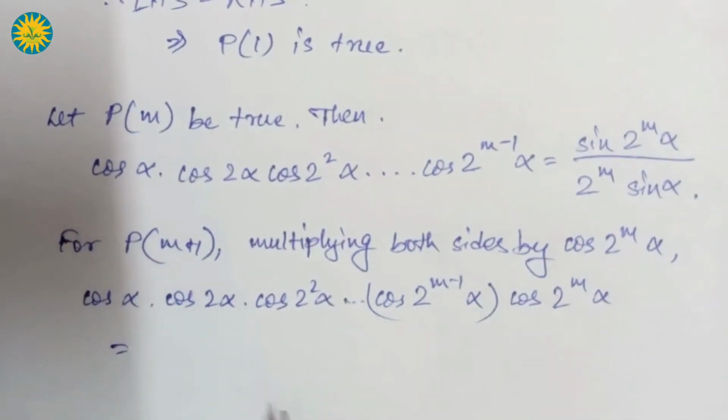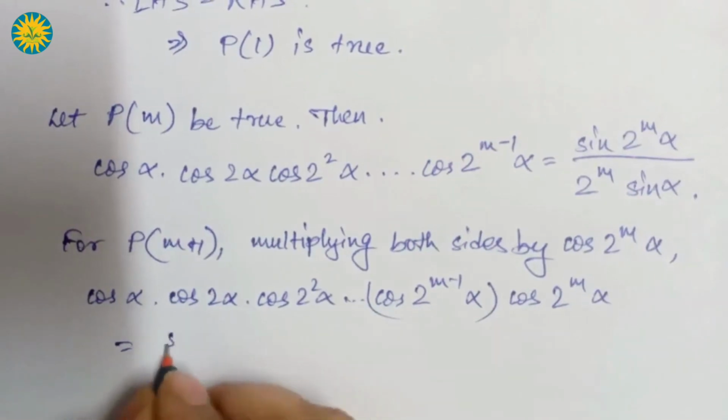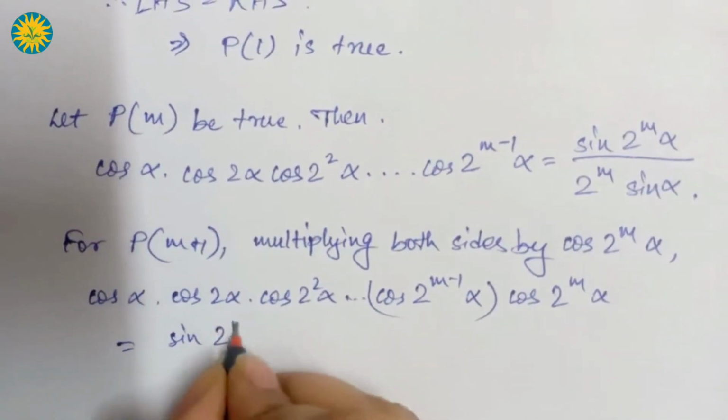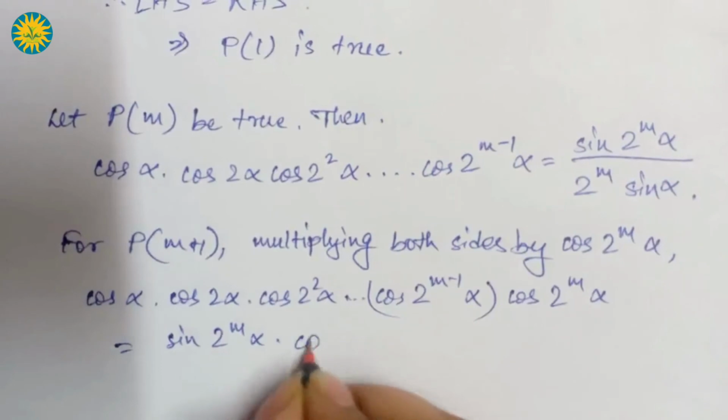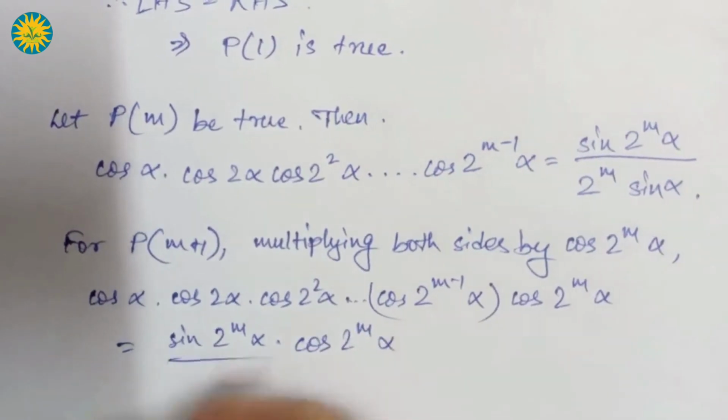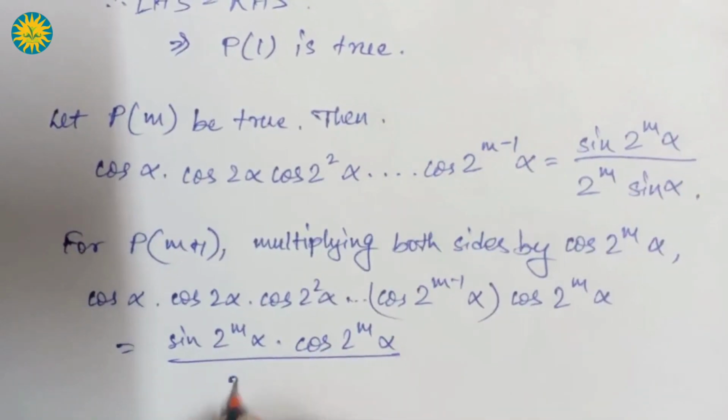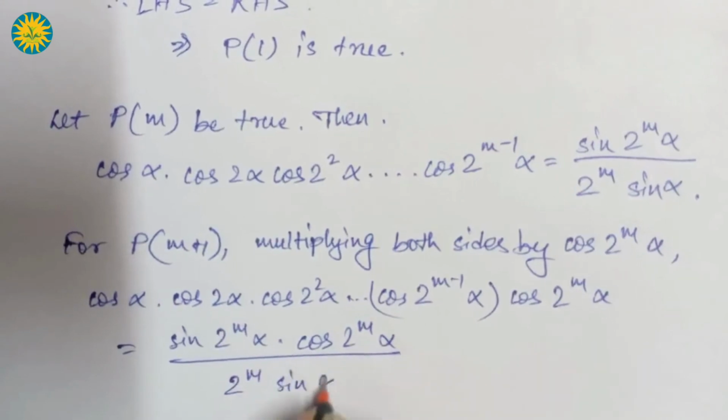which equals sin 2 to the power m alpha into cos 2 to the power m alpha by 2 to the power m sin alpha.